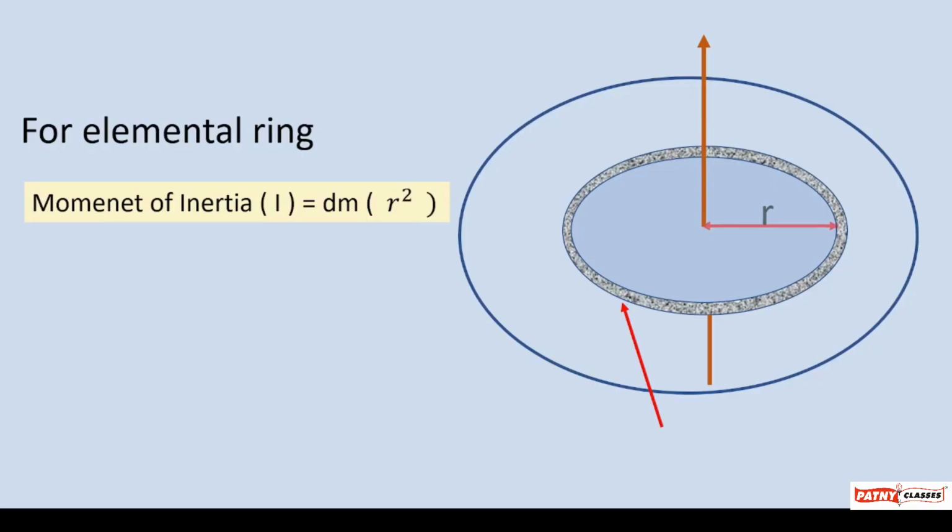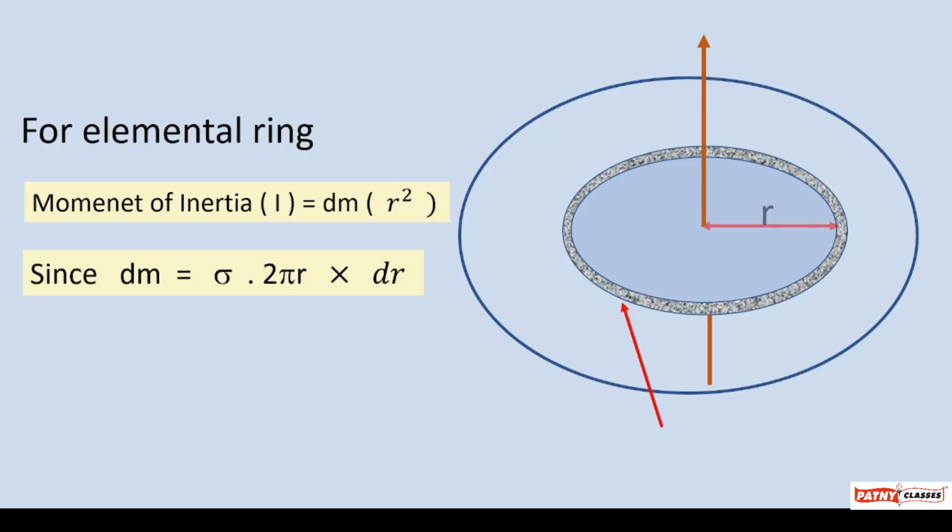To find the moment of inertia of the given disc, we need to frame a formula. For that, we have taken the elemental ring. Now the moment of inertia of the elemental ring equals the mass of the ring multiplied by the square of the radius, that is dm r square.